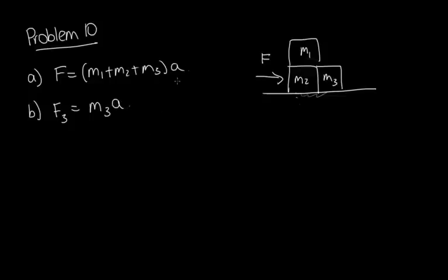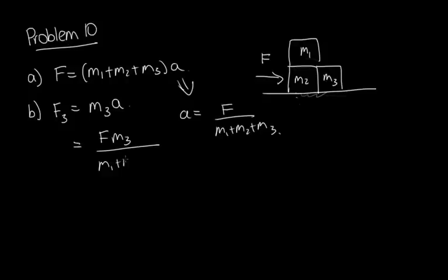We can rearrange this one to give that the acceleration is equal to the force over M1 plus M2 plus M3. And so the force acting on 3 is equal to F M3 over M1 plus M2 plus M3. We've just replaced this acceleration with this term here. And this force is to the right.